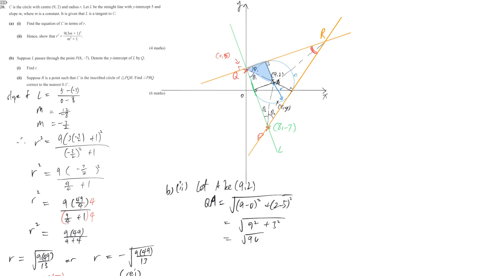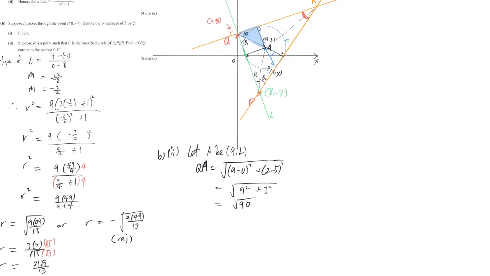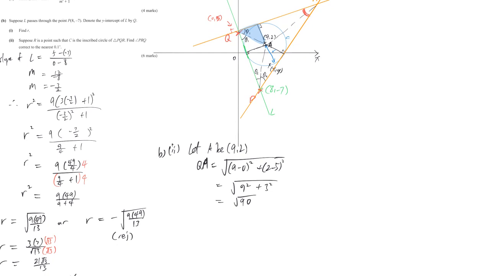We get square root 90. Afterward, together with the result that R is equal to 21 over square root 13, we can calculate theta 1. Let angle AQR equal theta 1.